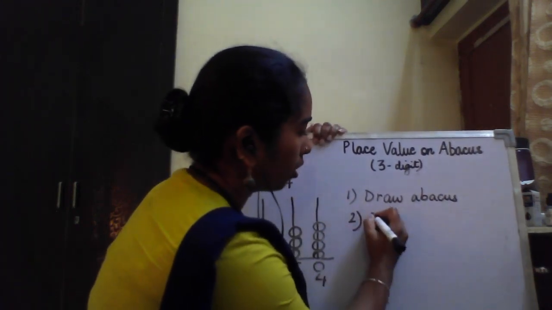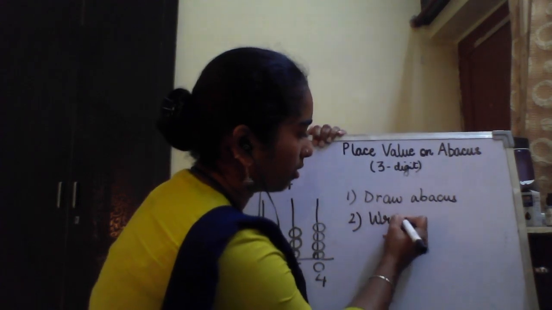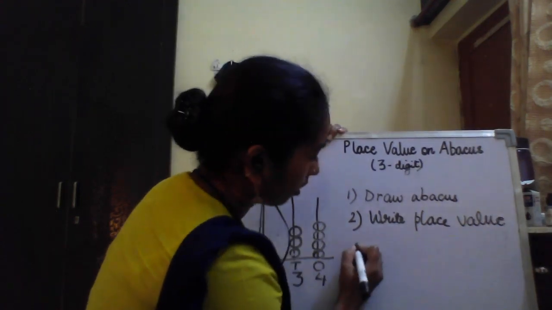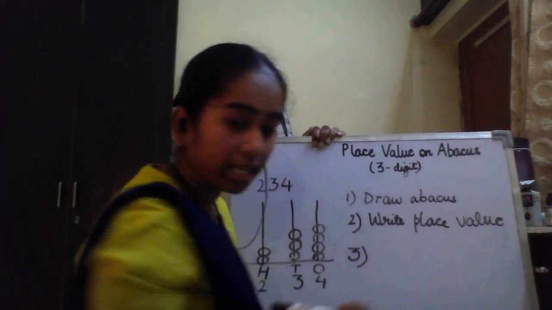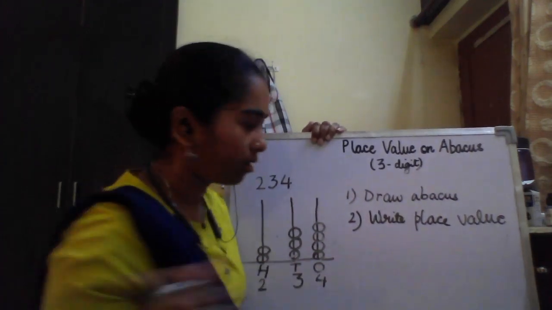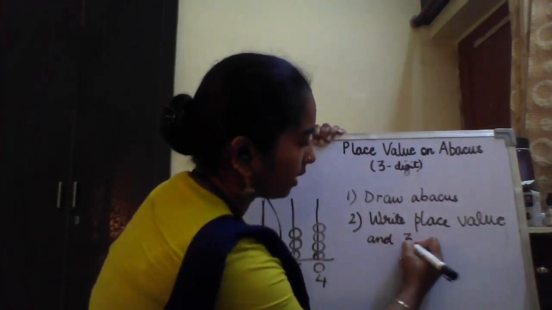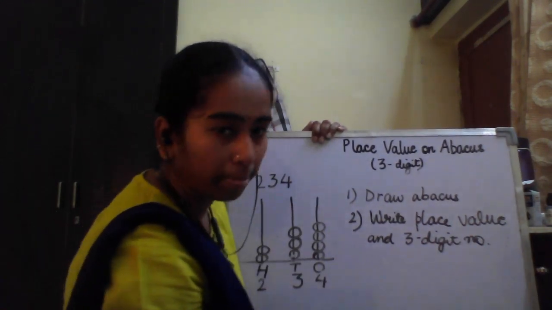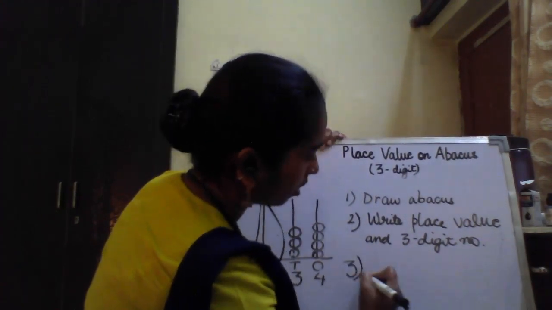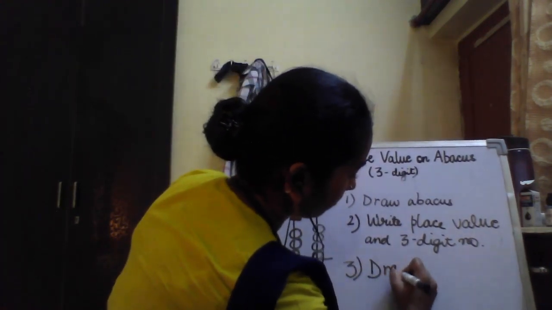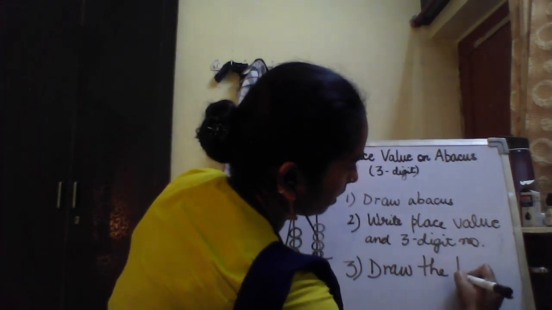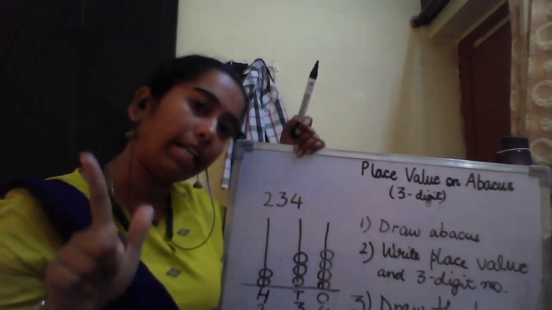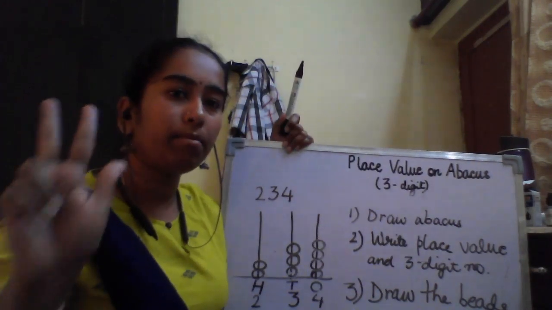Number 2, write the place values and the 3-digit number. Number 3, remember, draw the beads. Simple: draw the abacus, write place value and the 3-digit number, draw the beads.